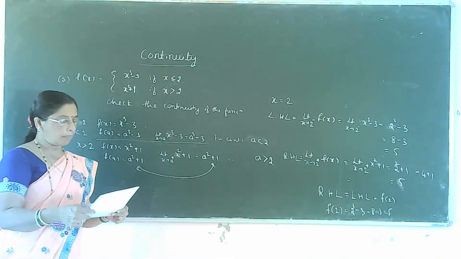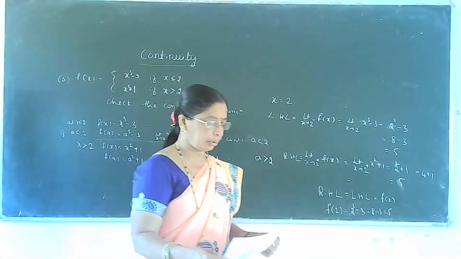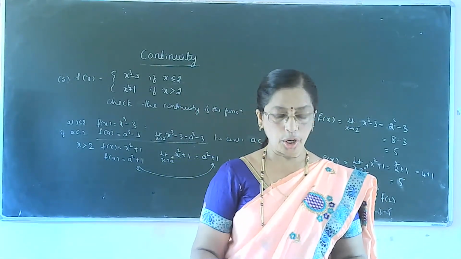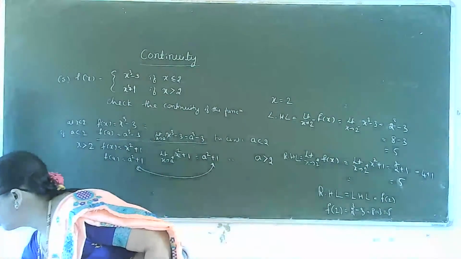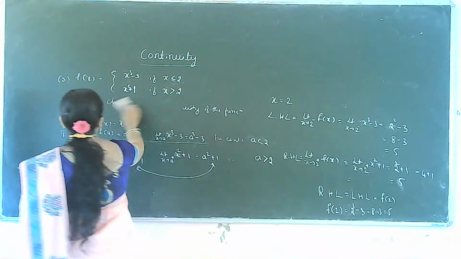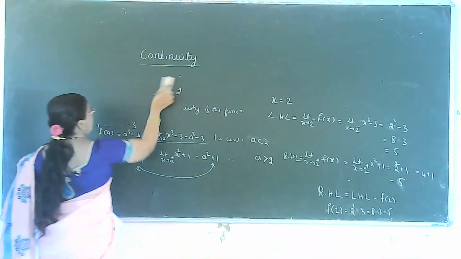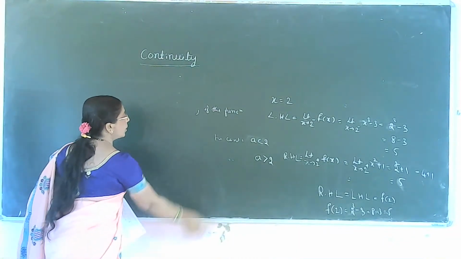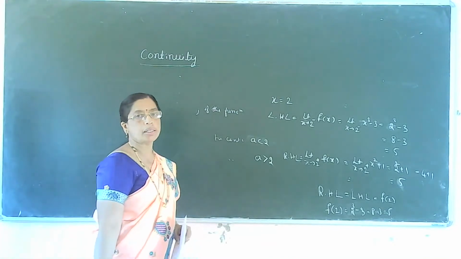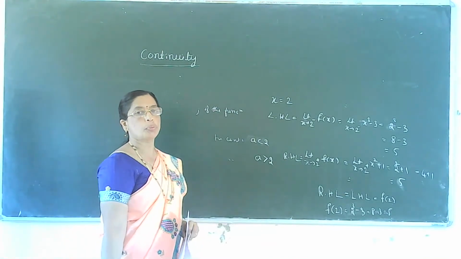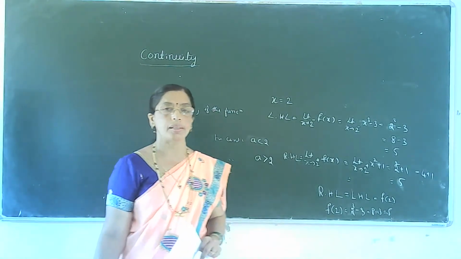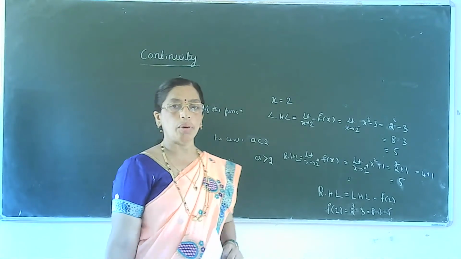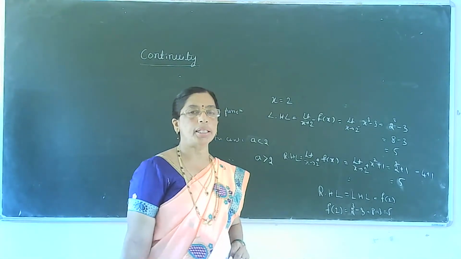Now we solve some problems on trigonometric functions. We studied the algebra of continuous functions. If f and g are two continuous functions, then f plus g is also continuous, f minus g is also continuous, and f into g and f divided by g, where g is not equal to 0, are also continuous functions.